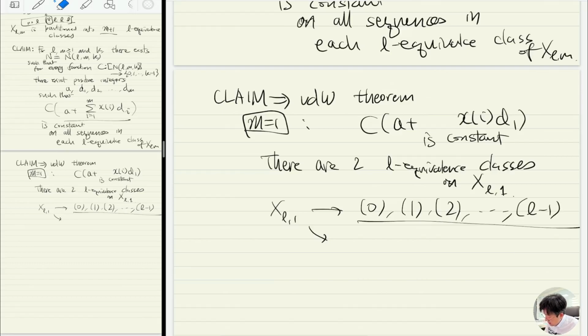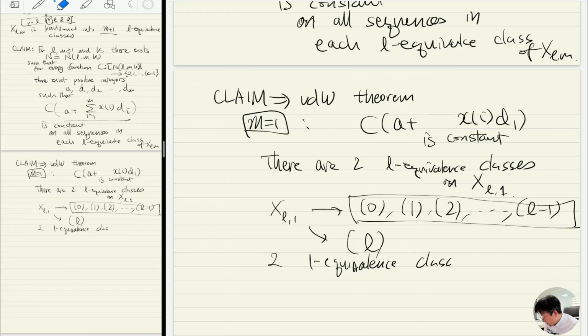That's one equivalence class, and another equivalence class is you have L, and that's it. So there are two L-equivalence classes.